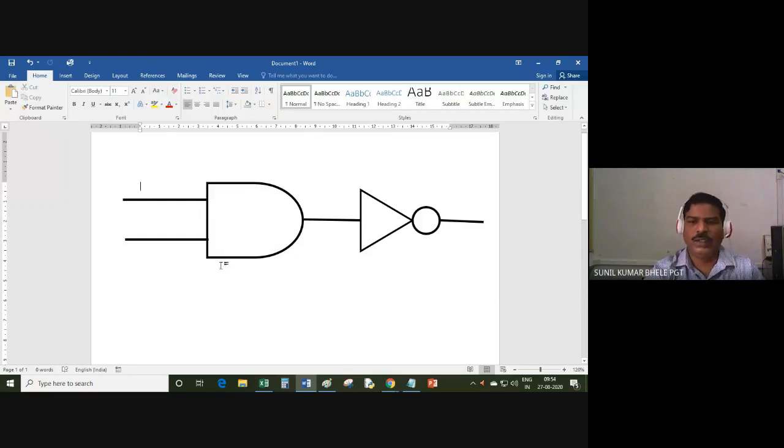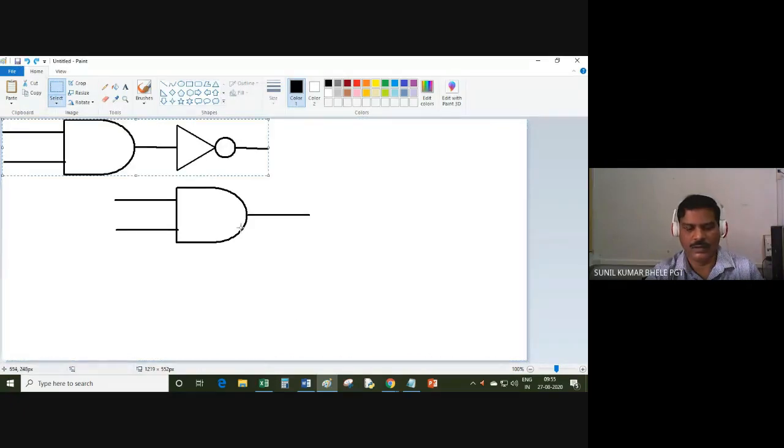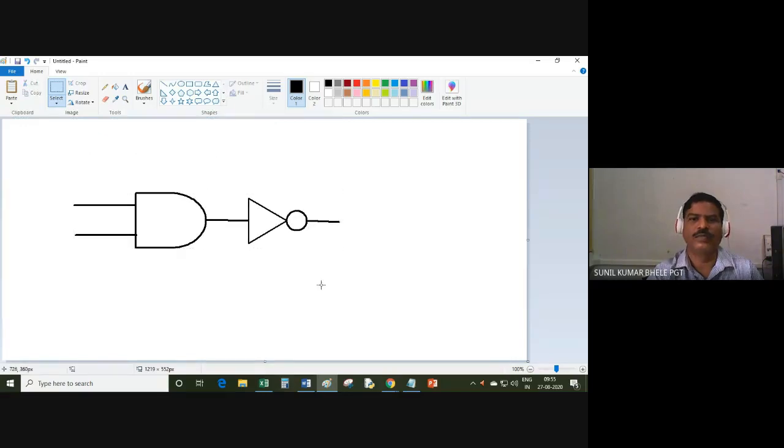So this is the diagram. Draw this diagram in your notebook. Suppose the inputs are 1 and 1.